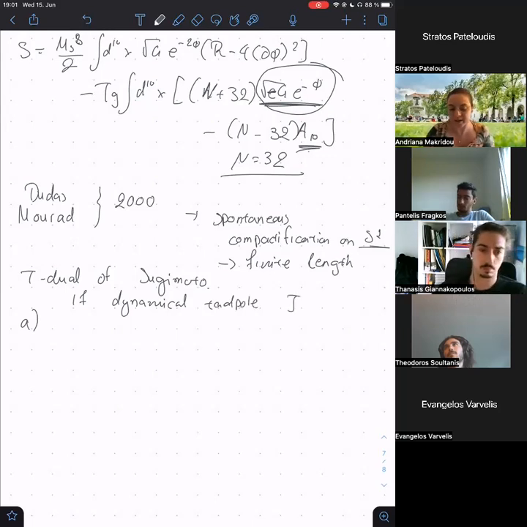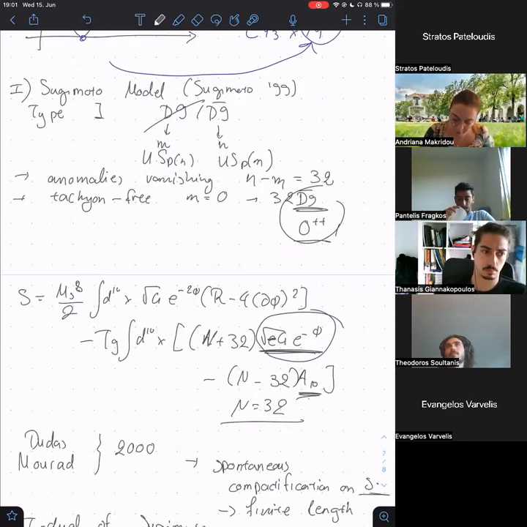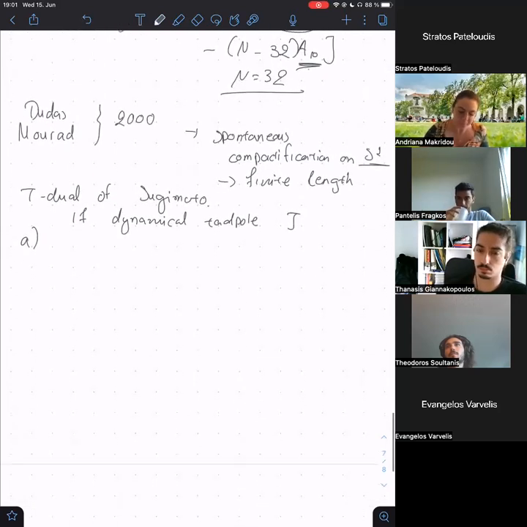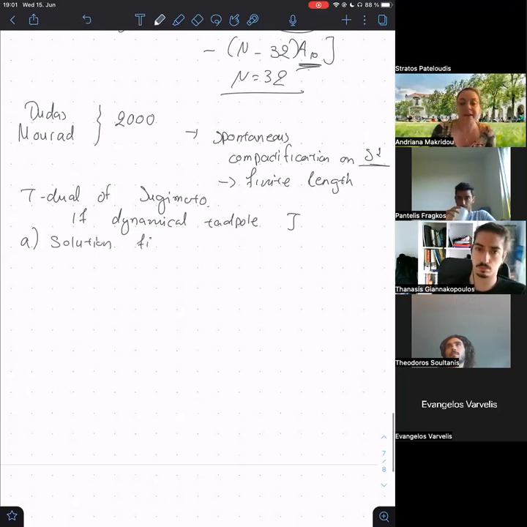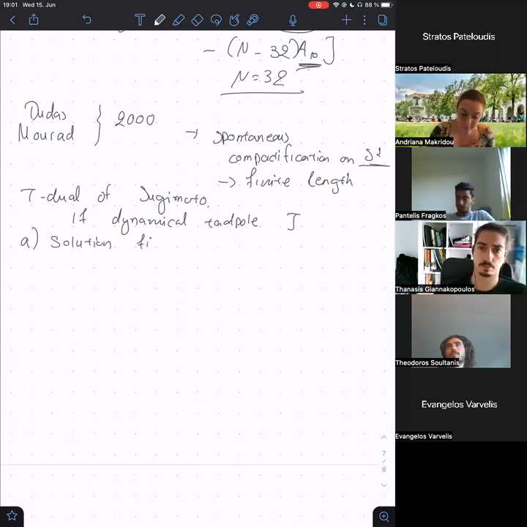tadpole T, and by T they just dub this factor here. The solution extends in this finite distance, and this is scaling in a specific way with the tadpole.